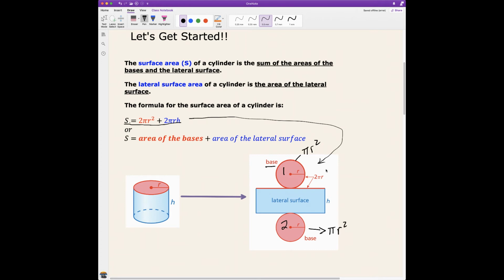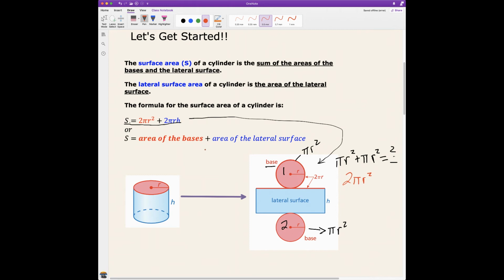So if I add those two areas together, pi times radius squared plus pi times radius squared, that equals what? That's right. That equals 2 times pi times radius squared. And so that is the first part of the formula.